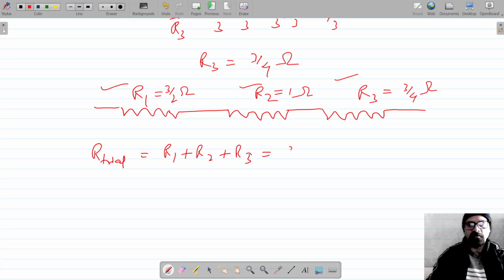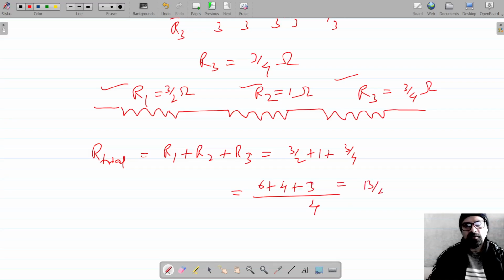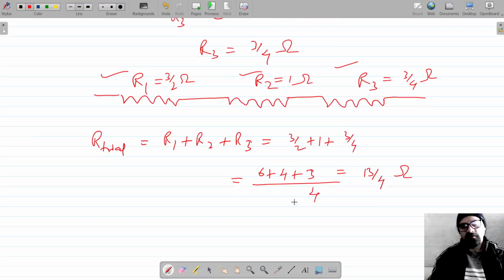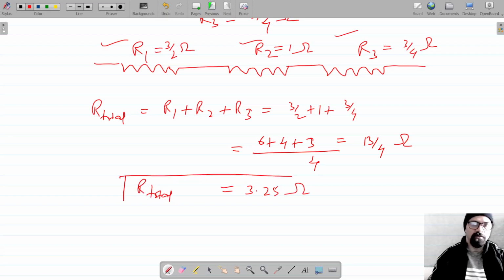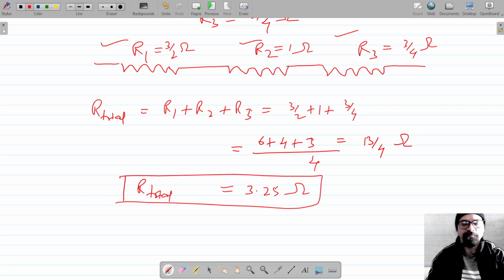This is 3 by 2 plus 1 plus 3 by 4, and the LCM here is 4. So this is 6 plus 4 plus 3, which is 13 by 4 ohm. So 3.25 ohm is the total resistance of the circuit.